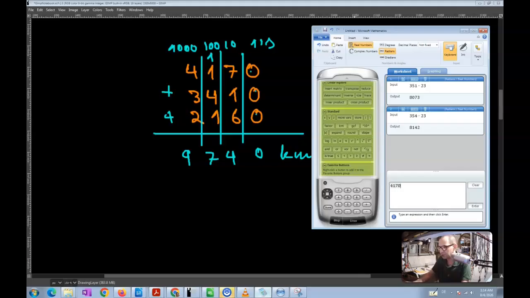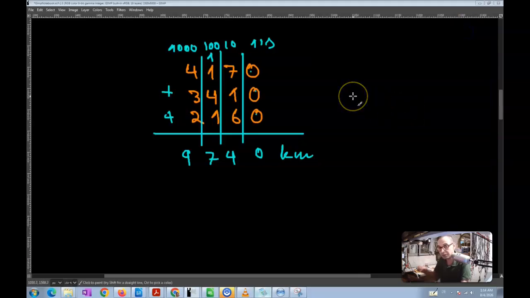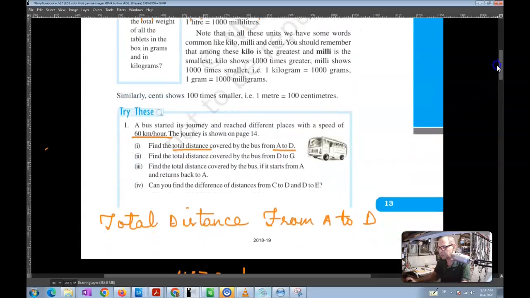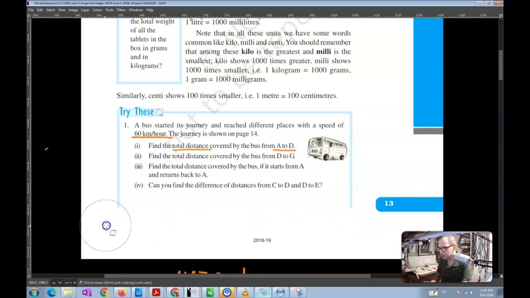So 4,170 plus 3,410 plus 2,160 is 9,740, which means that we have the right answer, and we can move on to the next part of this question. Now you want to know part 2 of this question.